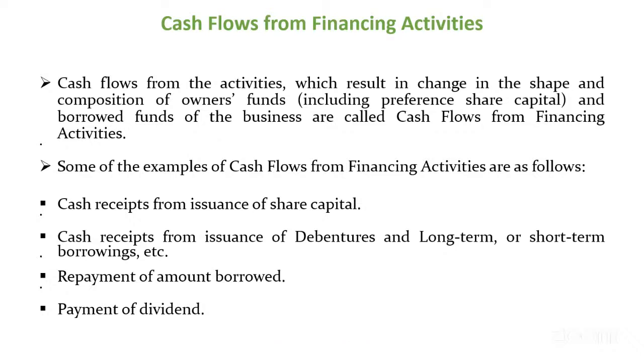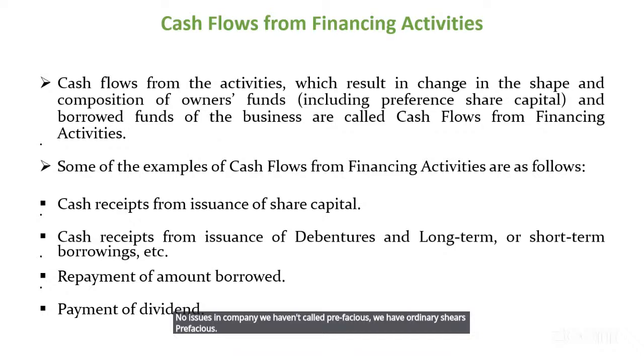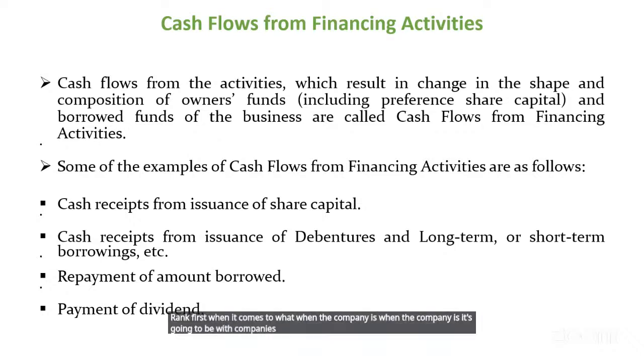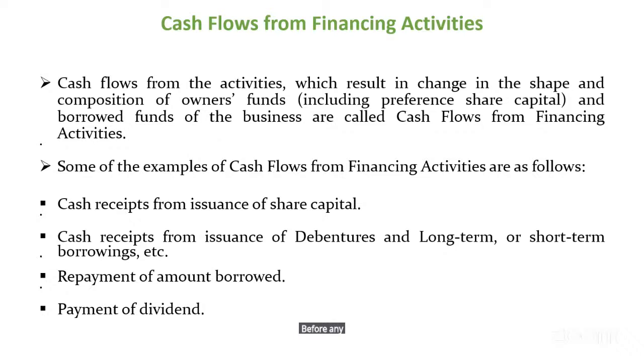In shares in a company, we have what we call preference shares, and we have ordinary shares. Preference shares rank first when the company is being wound up. They pay the preference shareholders first, whatever the company is owing them, before any other person.